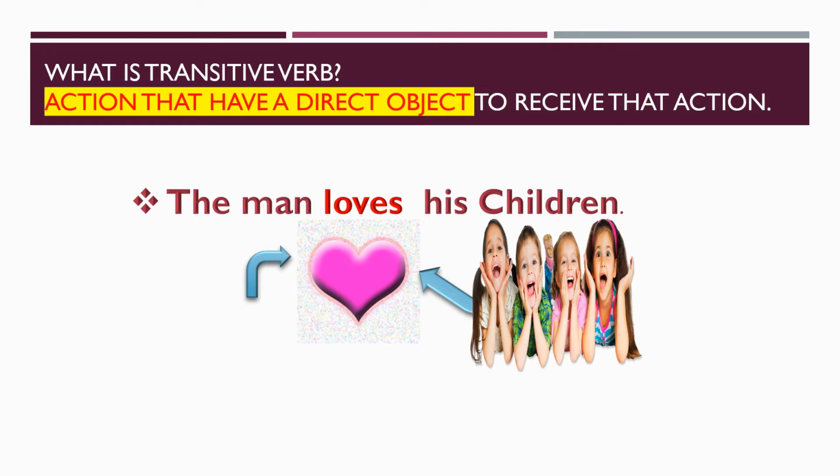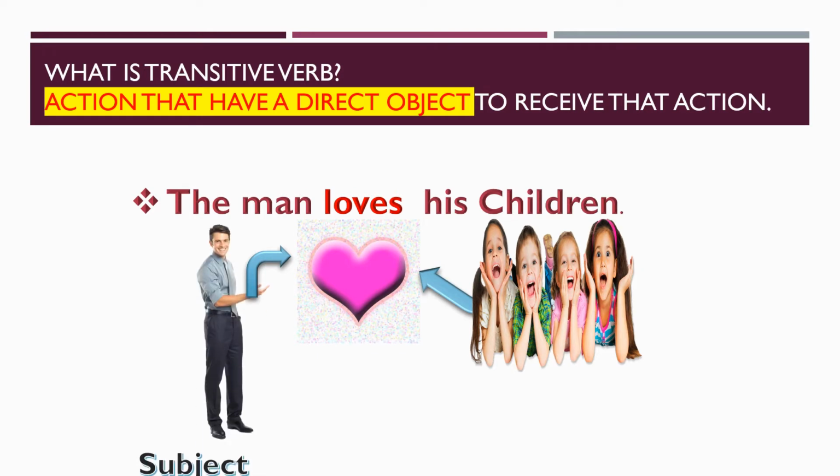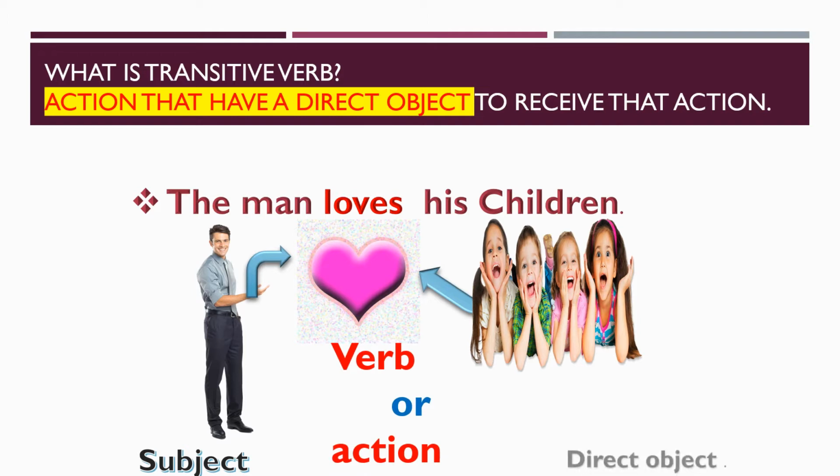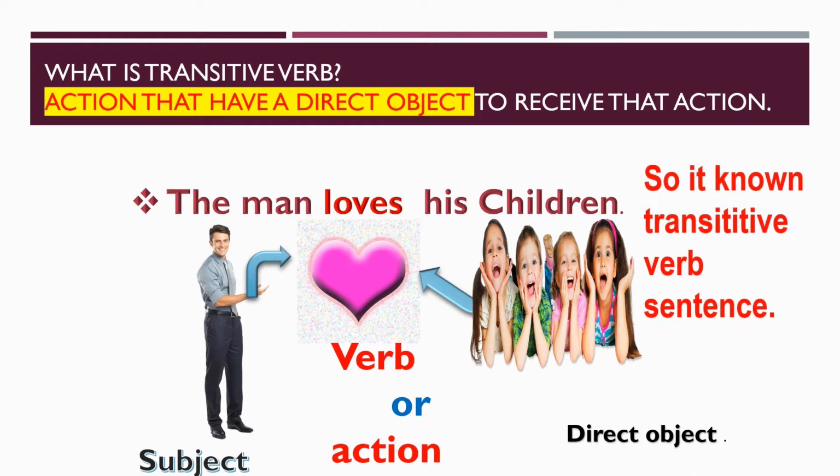Love here is the action performed by a man, who is the subject in the sentence, and what receives the action is children. As a man is a subject who is doing the action of love and his direct object is children, the sentence is a transitive verb sentence, as you can see through the example.